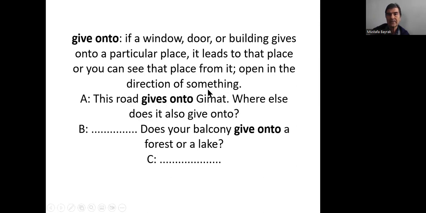Where else does it also give on to? It also gives on to Bağlarbaşı. Does your balcony give on to a forest or a lake? It gives on to a forest. Yes, it opens in the direction of a forest.